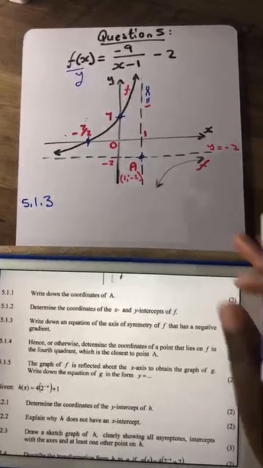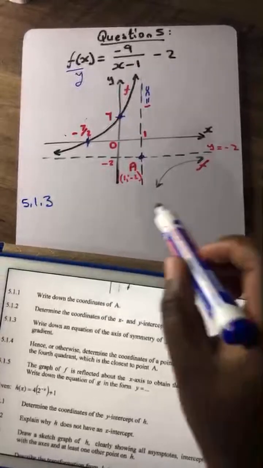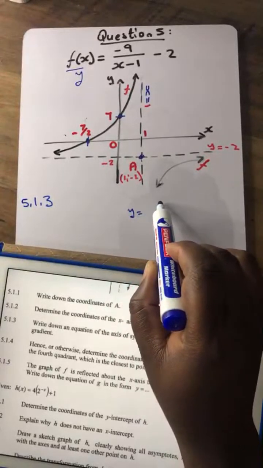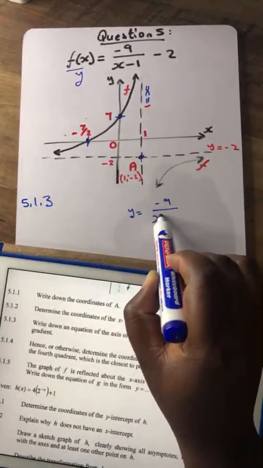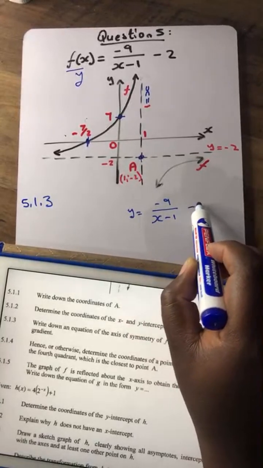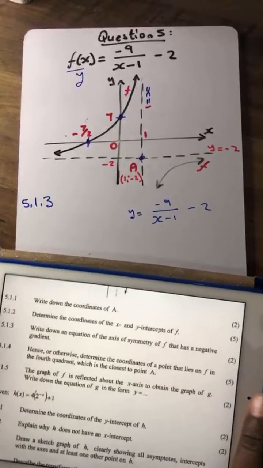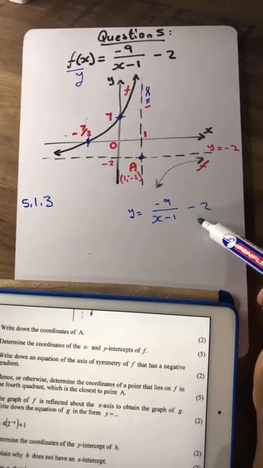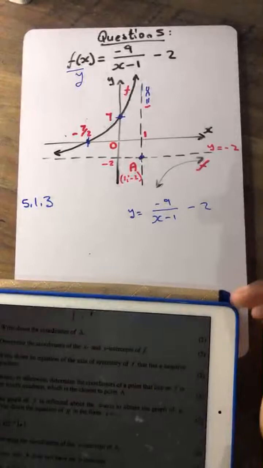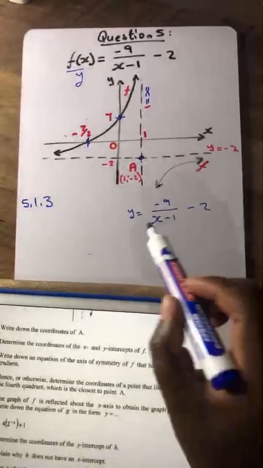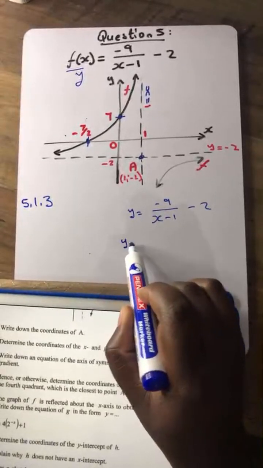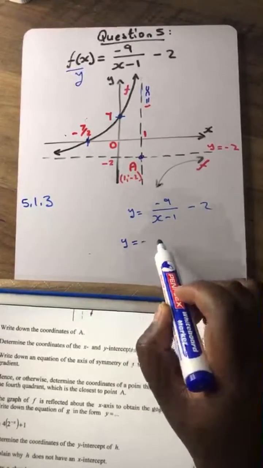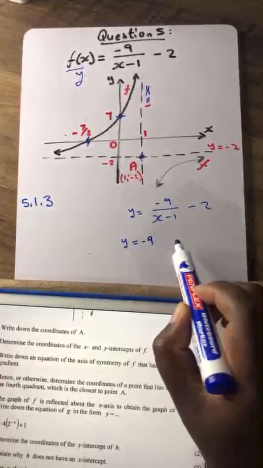For example, if you have y equals negative 9 over x minus 1, minus 2, typing this is going to be an interesting thing. You type y, then the equal sign, then negative 9.